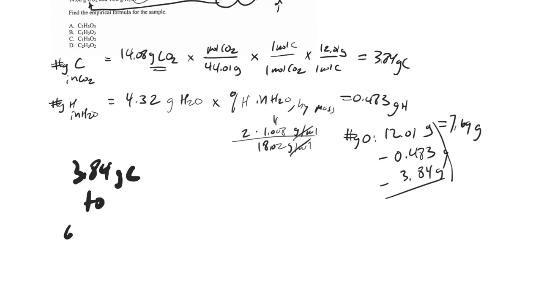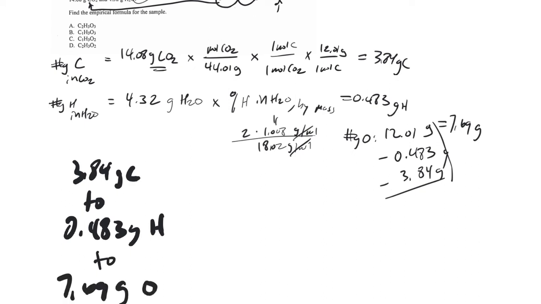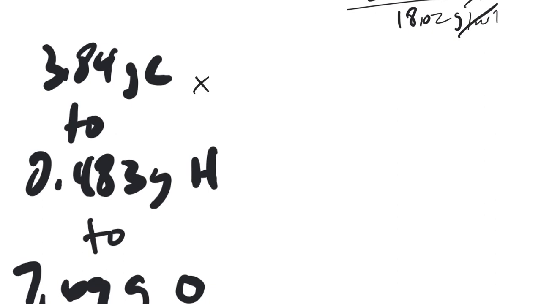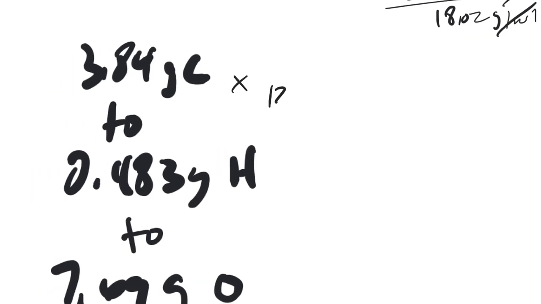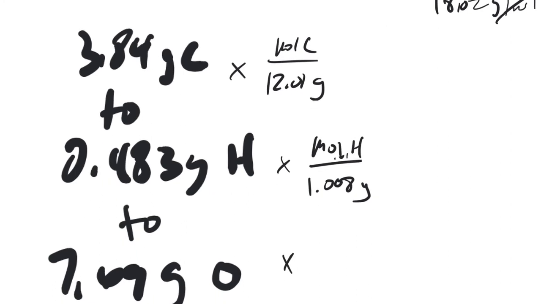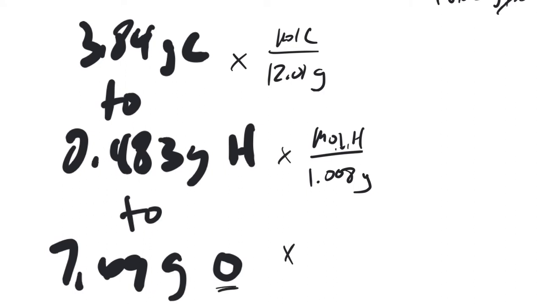So if I know this is the mass of the elements in the compound, then I can get to the ratio of the moles just by dividing by their atomic weights. Let me zoom in a little so the pen goes back to a normal size. So we're going to use 12.01 grams per mole of carbon, 1.008 grams per mole of hydrogen, and then if we have whatever the third element here is, we're using its atomic weight.